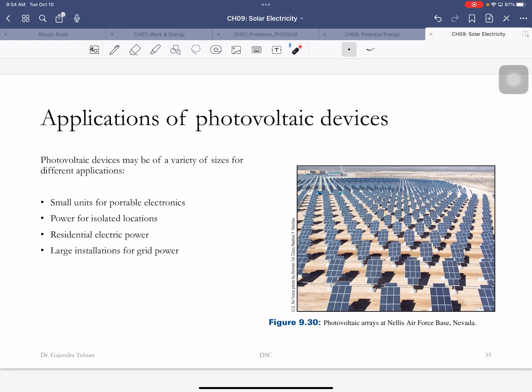Why? Because this was cheaper. But eventually, you will have more of those concentrated solar powers because they can act like batteries, once we get the technology straight. Well, I'm sure the technology is good.